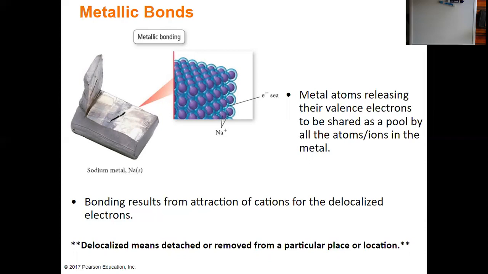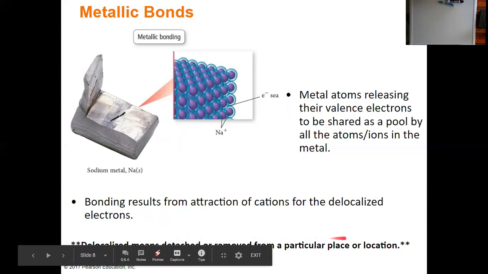You can think of the metal cations as the island, and there's a sea of electrons surrounding the island. The electrons are delocalized throughout the metal structure that way. What does delocalized mean? It means that they're detached and not in one particular location.